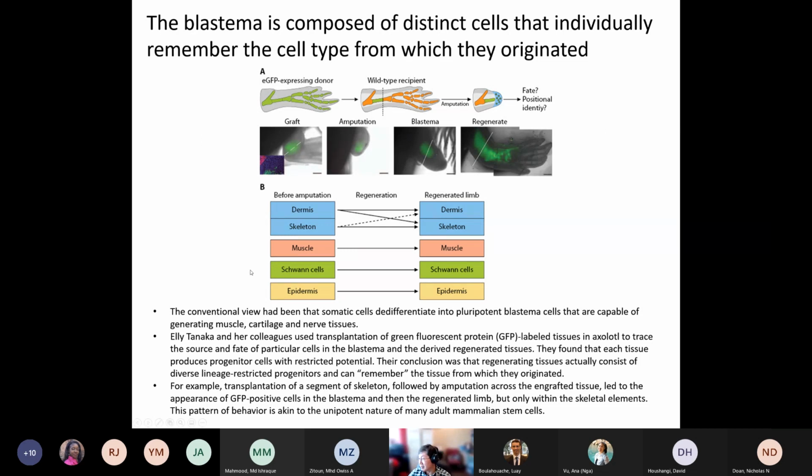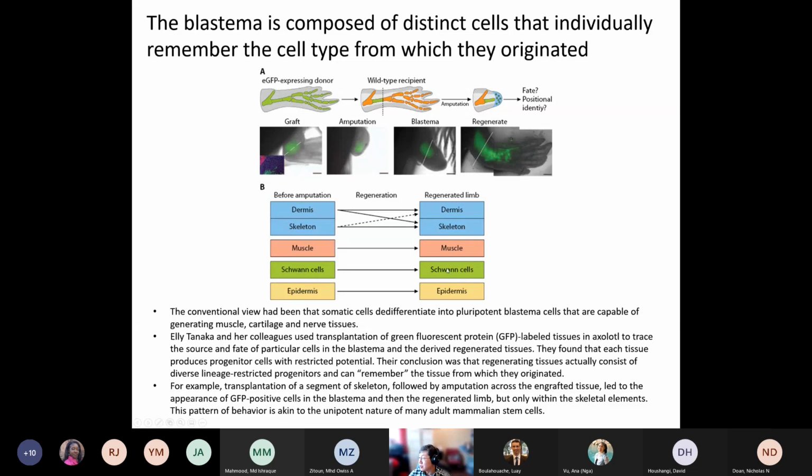And here is a summary of that finding, because they not only did bone, they did many other structures as well. They found that the epidermis cell will give rise to blastema cells that bear a mark of epidermis. Eventually, those blastema cells will become epidermis only. The Schwann cells are neuron cells.